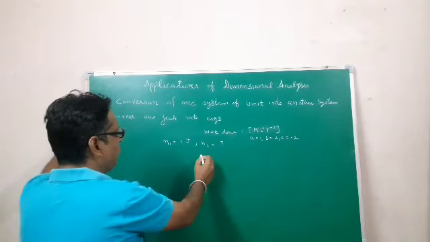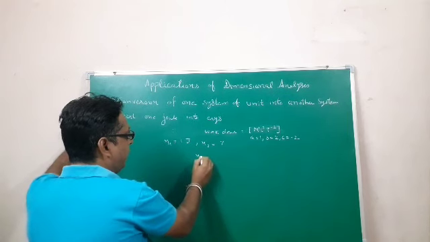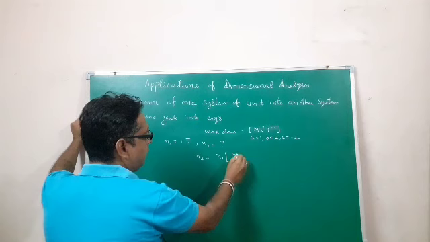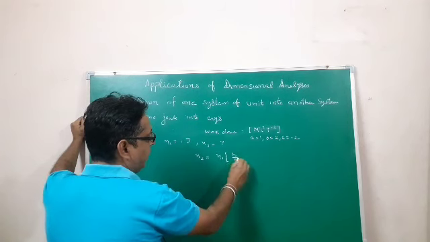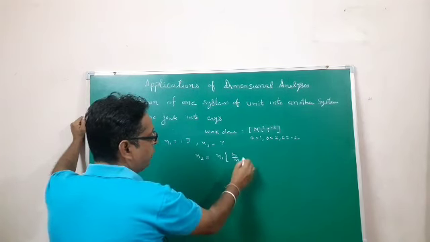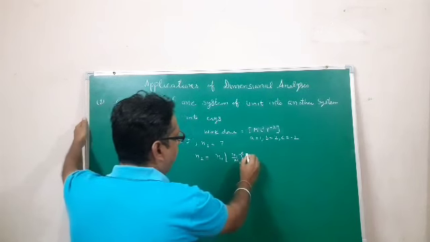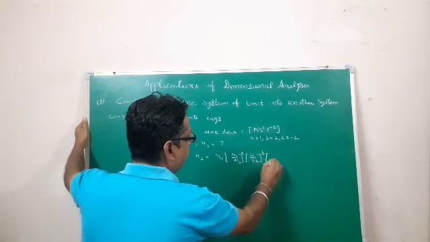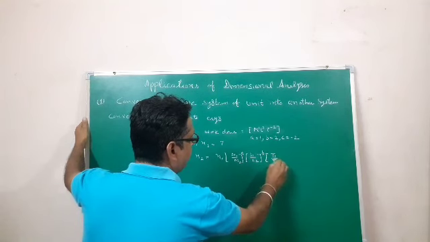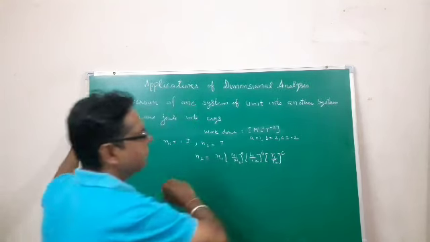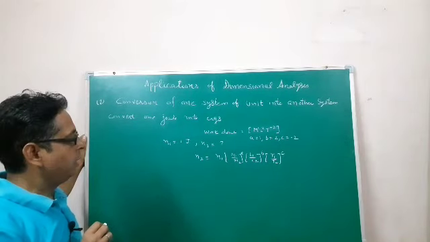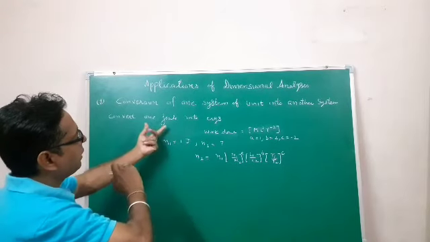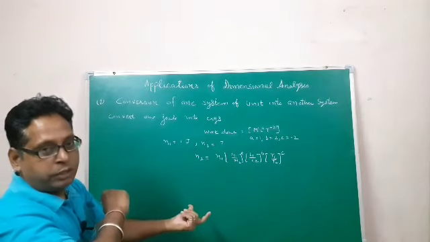So as you know students, you have a formula n2 is equal to n1, M1 upon M2 raised to power a, and L1 upon L2 raised to power b, T1 upon T2 raised to power c, right? Now actually we are converting MKS into CGS system.